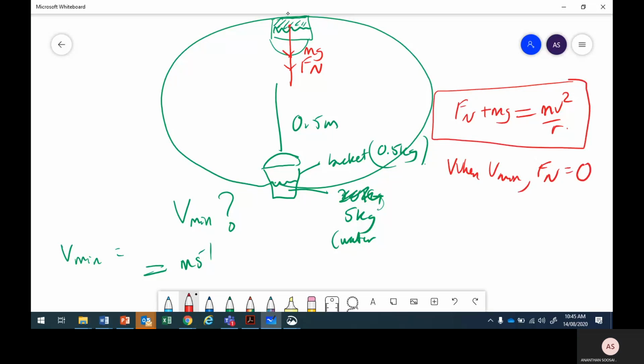So here, mg equals mv squared over r, so V minimum is the root of Rg. Do you need to worry about the mass? No, mass is not involved. Just the radius and gravity: 0.5 times 9.81. That's the minimum speed you need.